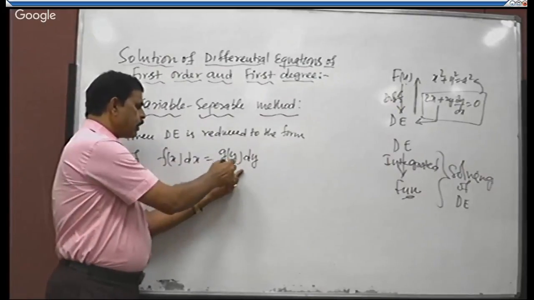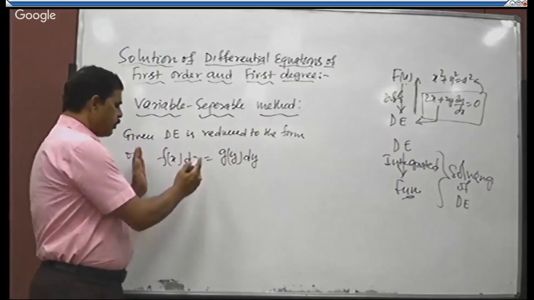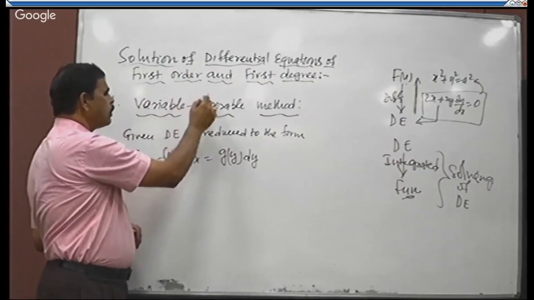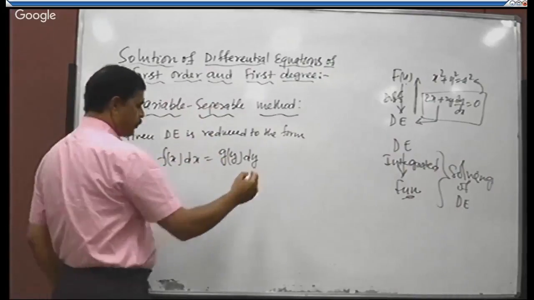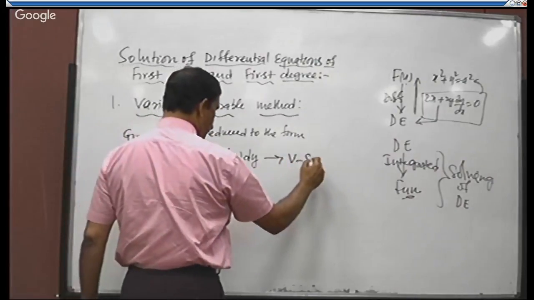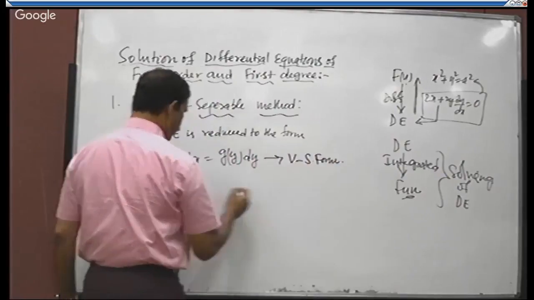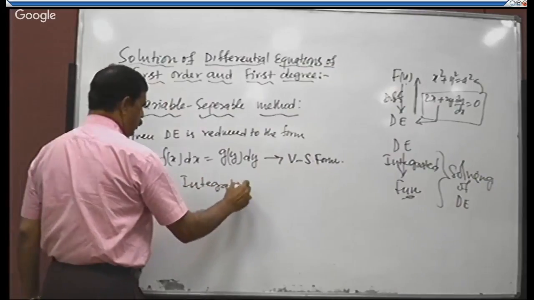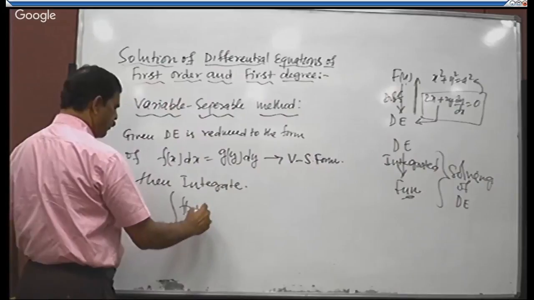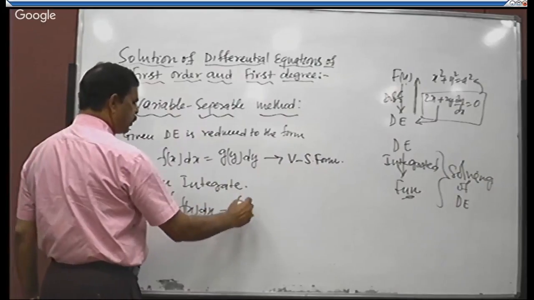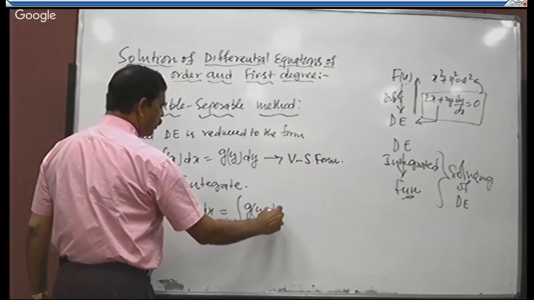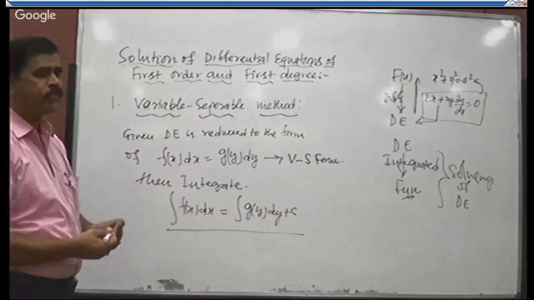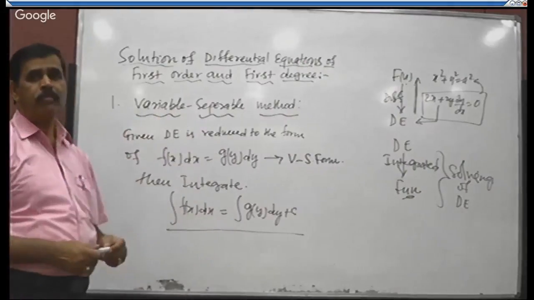All y terms are collected along with dy. Means all x are separated, all y's are separated. That is called as variable separable form. Then we have to integrate. That is integration of f of x dx is equal to integration of g of y dy plus c is the solution of the given differential equation using variable separable method, right?